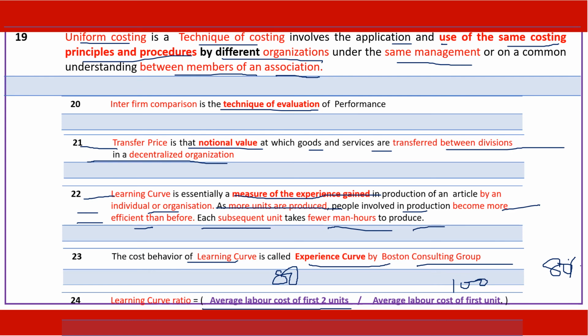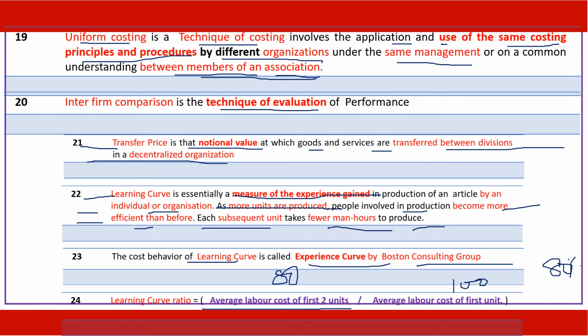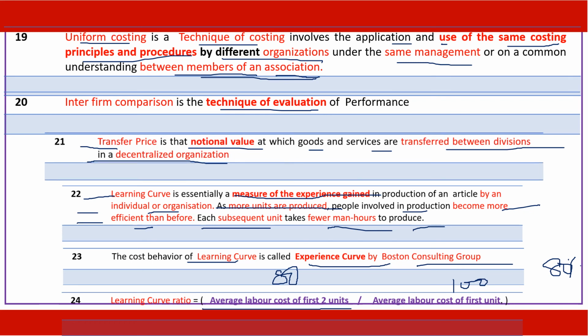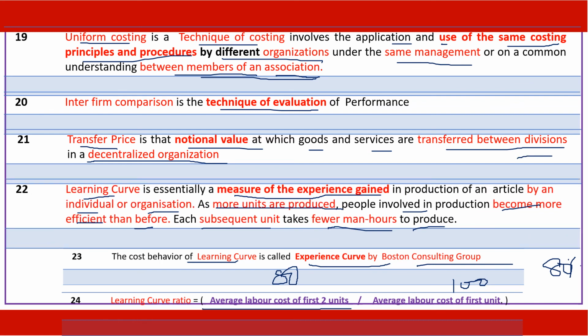Uniform costing is a technique of costing, involves application and use of the same costing principles and procedures by different organizations under the same management or between members of an association of firms. Interfirm comparison is a technique of performance evaluation between firms. Transfer price is a notional price at which goods and services are transferred between divisions in a decentralized organization.